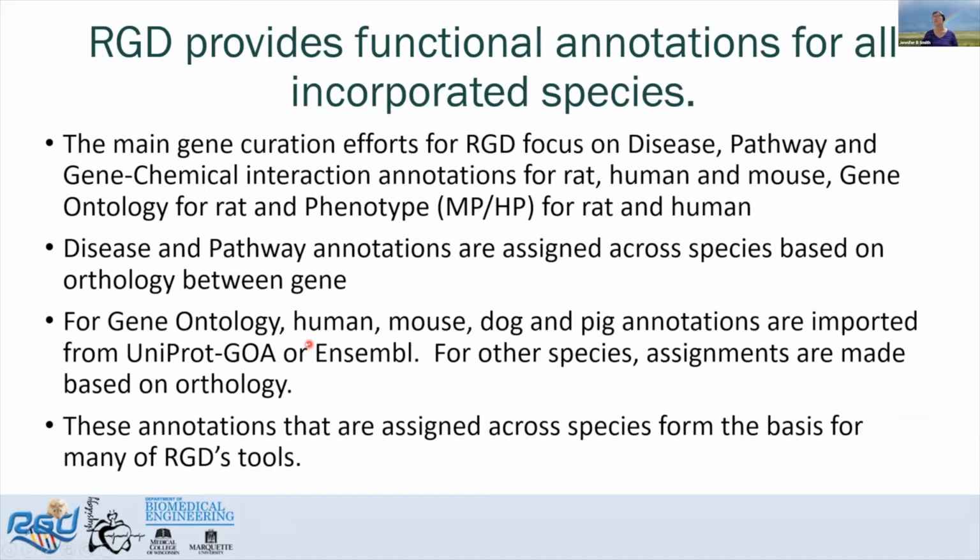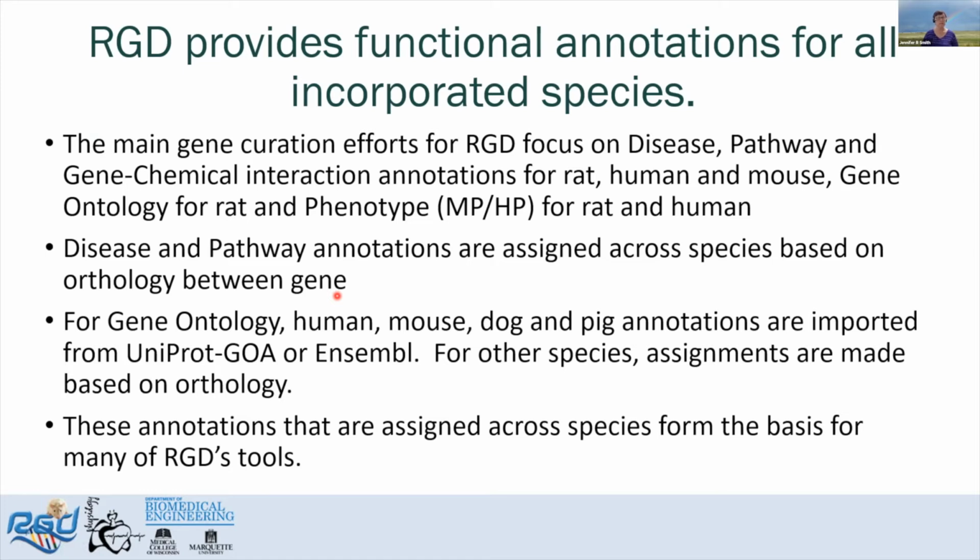So RGD also provides functional annotations for all of the incorporated species. The main gene curation efforts for RGD focus on gene pathway and gene chemical interaction annotations for rat, mouse, and human, gene ontology for rat, and phenotype, that's mammalian phenotype and human phenotype for rat and human respectively.